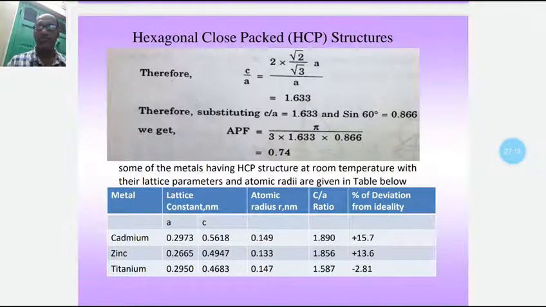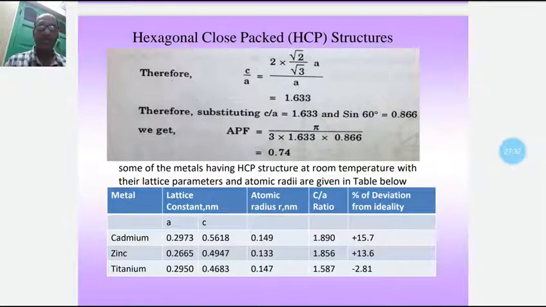So from this table we can see that metals cadmium, zinc have C by A ratio higher than the ideal one, that is 1.633. It indicates that atoms in these structures are slightly elongated along the C axis of the HCP unit cell.